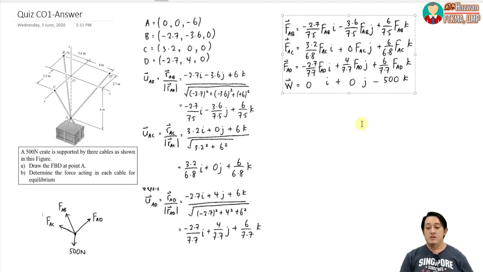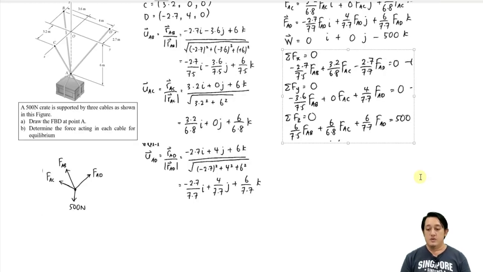So please make sure you write down your equation like this. Why? Because the next step is for you to collect all the forces in the X direction, Y direction, and Z direction respectively.